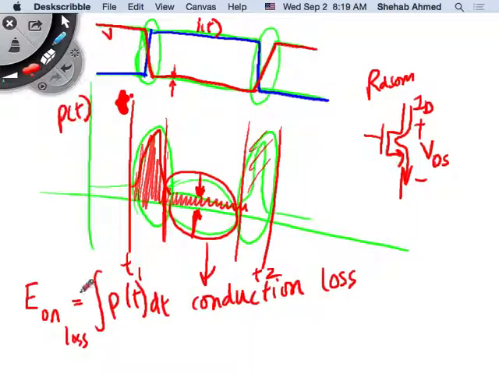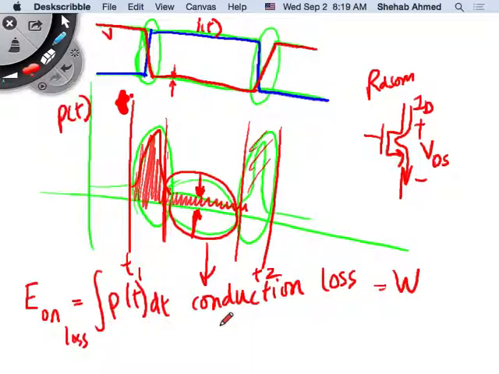If you have your energy and you would like to calculate power loss in the switch, how would you do that? If you have energy, which is W, we said that average power loss, you know that energy is the integration of the power.